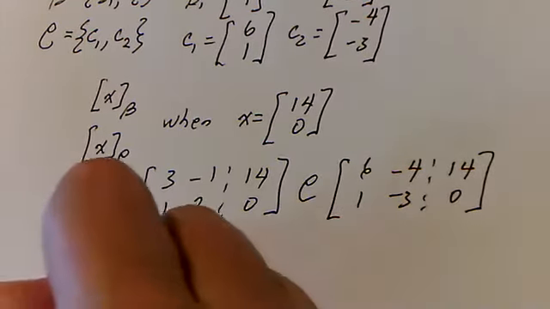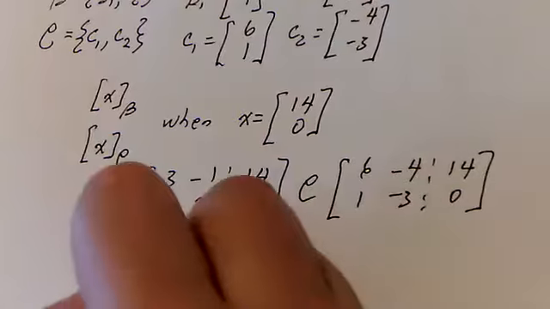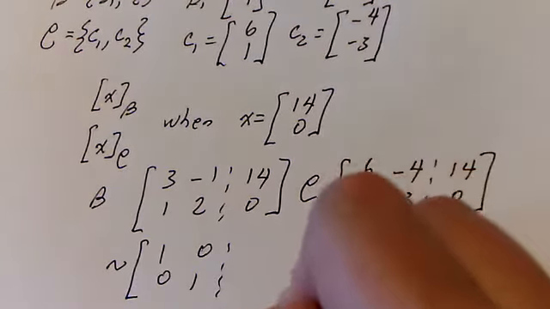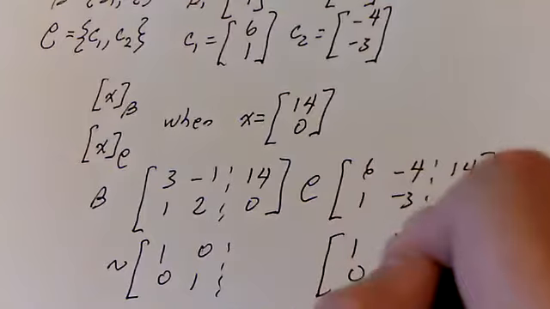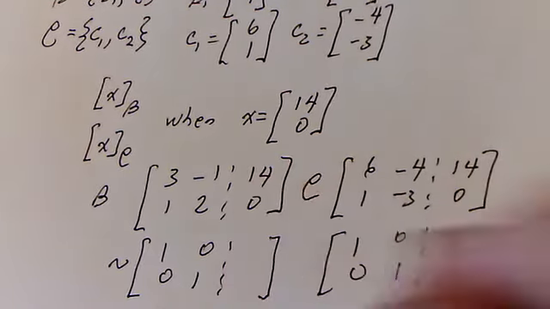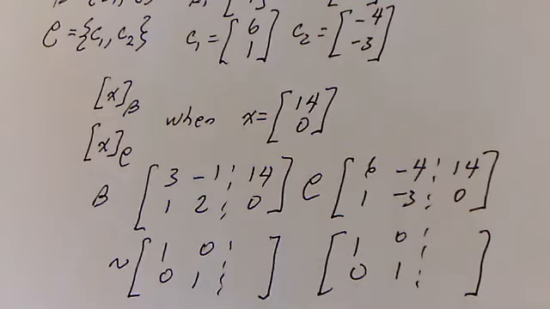Okay, and we're going to row reduce each of these. Now, I know that I'm going to get the identity because I know that it's a basis. So I know they're independent. I just have to figure out how I need to line them up. Use your calculator.